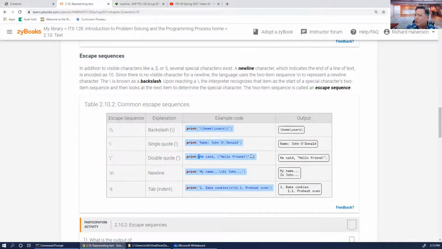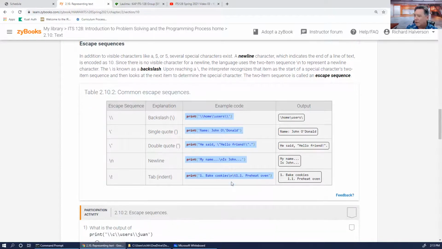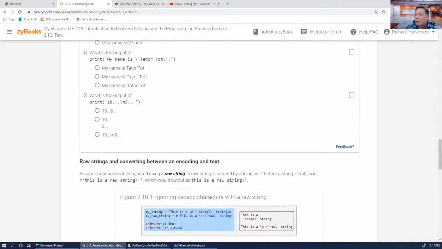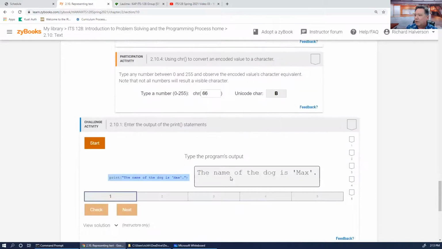Well, what happens if you want to print some quotes? Well, you can use the \" here, which means, okay, I want this to be part of the string and not ending the string. Same in this case. Or what happens if you actually want to have a \? Well, you can do a \ and then that's \. So anyway, that's what that's about. Important.